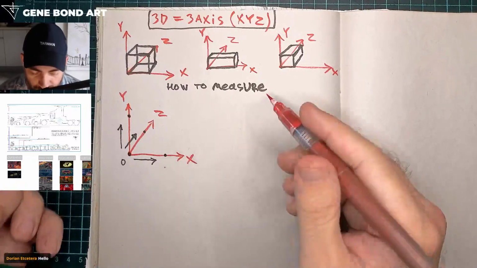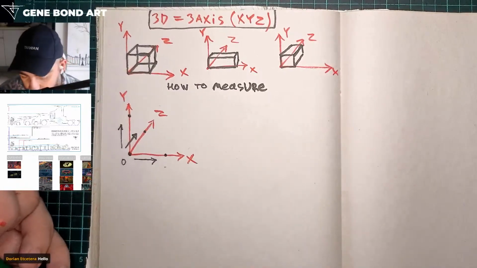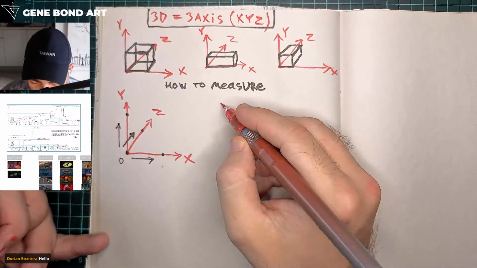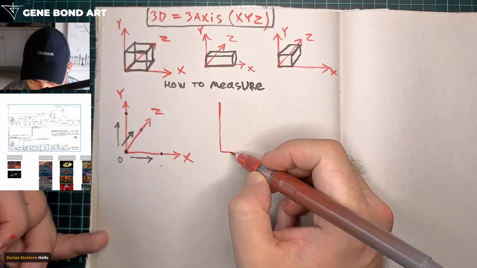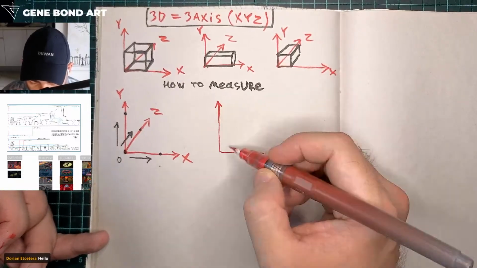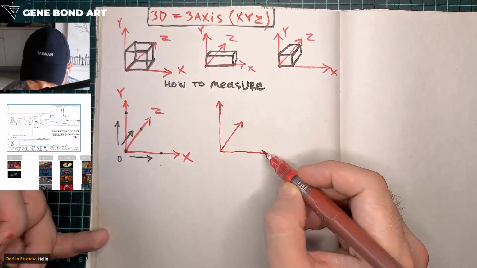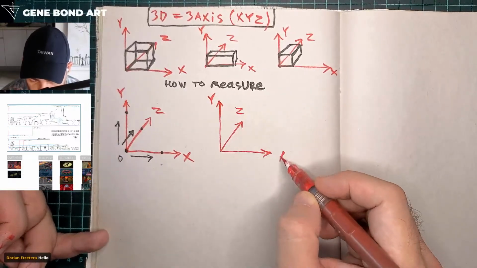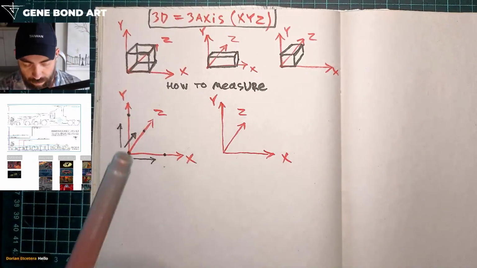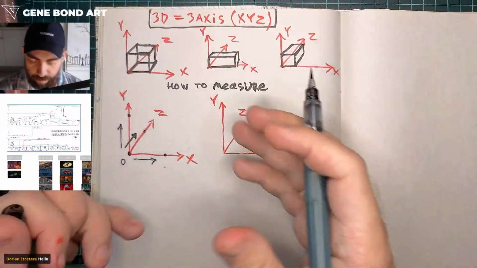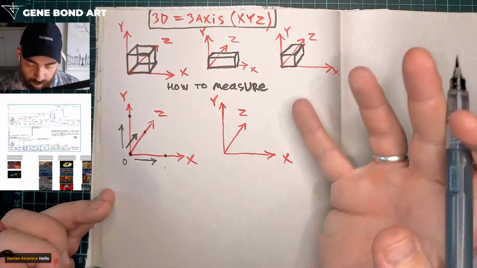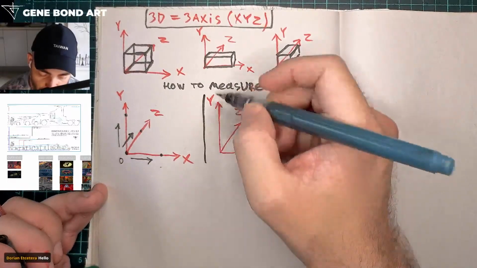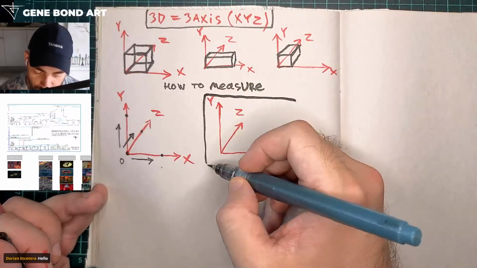The second moment is this. Let's say I have an established isometric perspective grid here, and this is my picture plane.